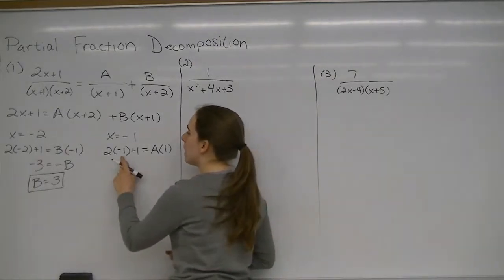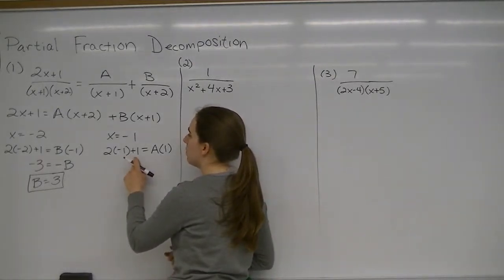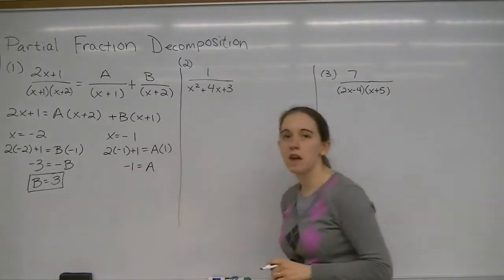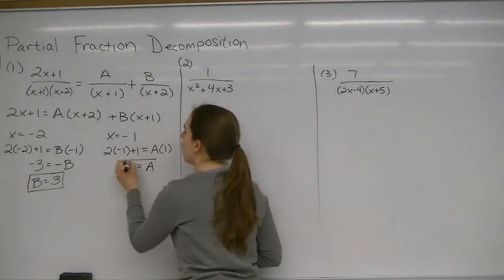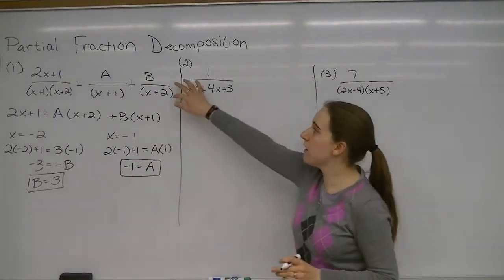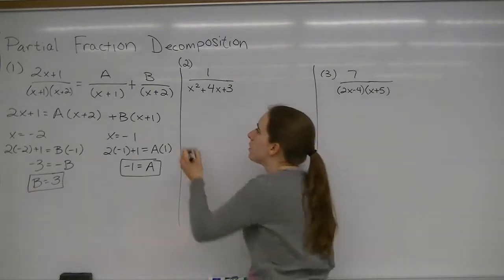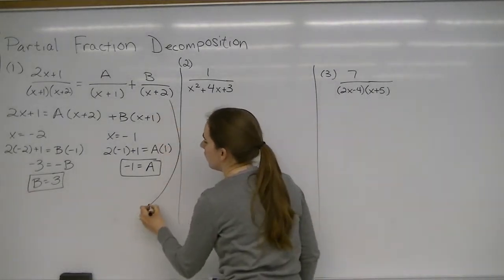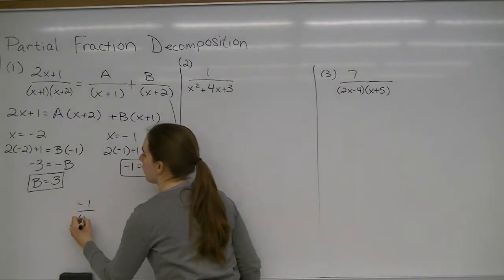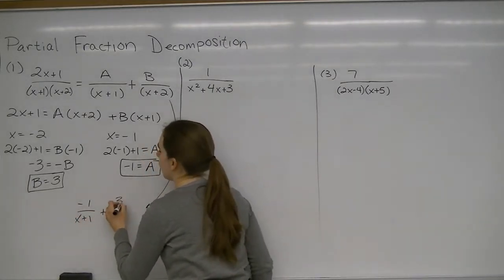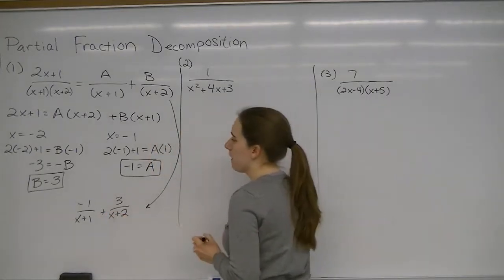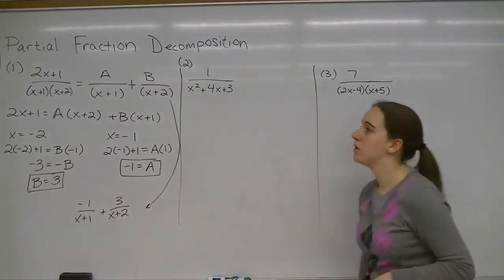So 2 times -1 will give me -2, plus 1, I get -1, and that's just equal to 1 times A, or A. So I have both of my unknowns, so I can write this as a partial fraction decomposition now. I can write -1 over x plus 1 plus 3 over x plus 2. I've decomposed this fraction.